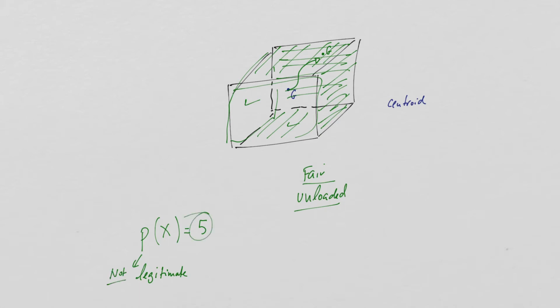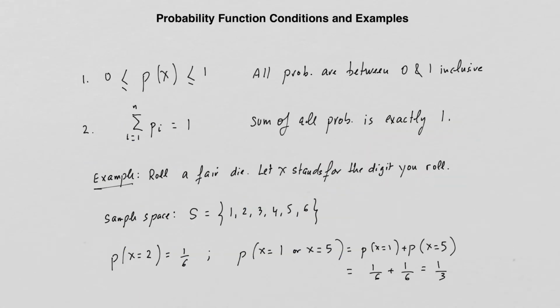Why? Because this number is not between 0 and 1. So these are the conditions. The probability of any event x has to be between 0 and 1 inclusive. It is the equal sign, okay? That's the first condition. The second condition: the sum of all the probabilities has to be 1. This is just a shorthand for P1 plus P2 plus P3 all the way to Pn. If you add them up, you must get 1. If you don't get 1, it is not a legitimate probability function.